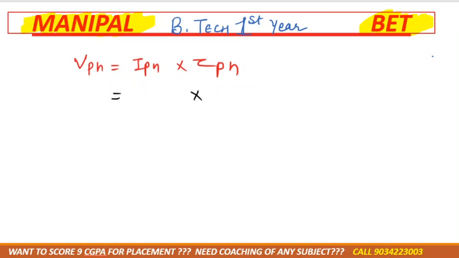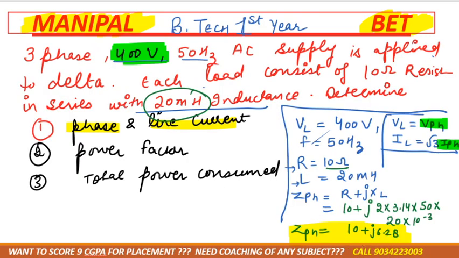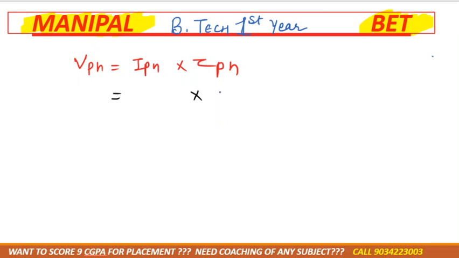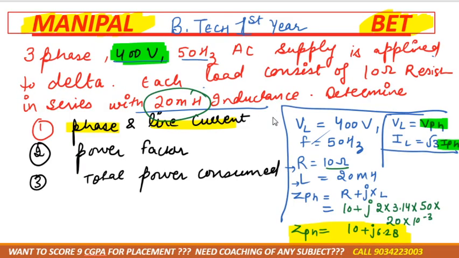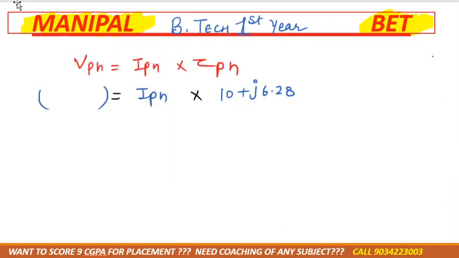ZPH we have already calculated, that is 10 plus j 6.28. So let's write it over here, 10 plus j 6.28. IPH we need to calculate. VPH value is given, right? VPH is 400, because line voltage is 400 and that is equal to VPH. So we can write it as 400 volt. Got it? Clear?